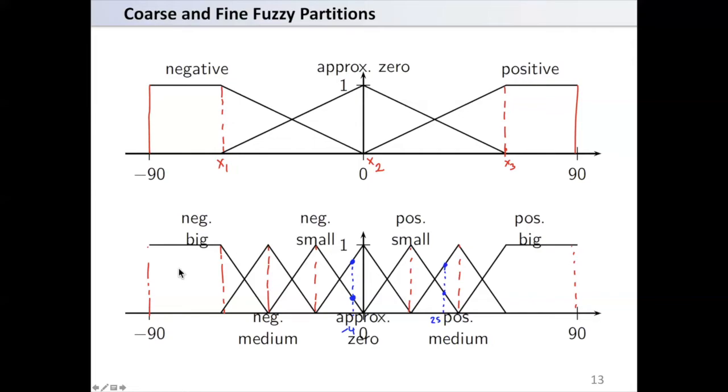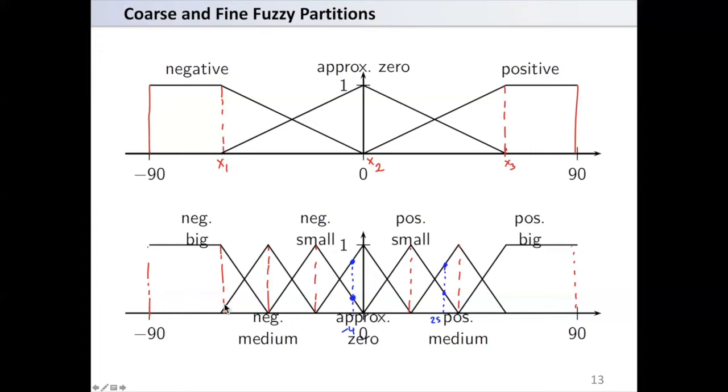In this one, we have more fuzzy sets defined on the reference set. So this is a finer fuzzy partitioning. We have here seven fuzzy sets, which are negative big, negative medium, negative small, approximately 0, positive small, positive medium, and positive big.